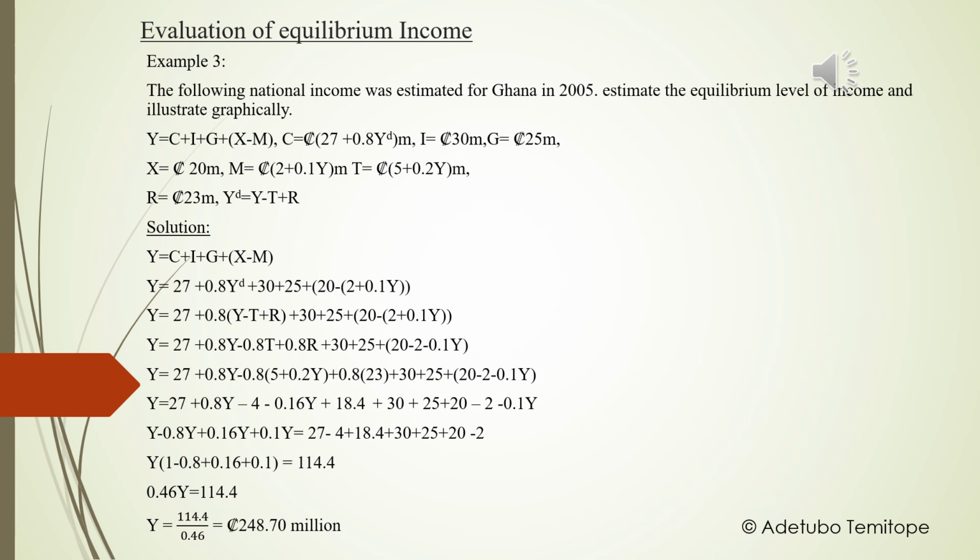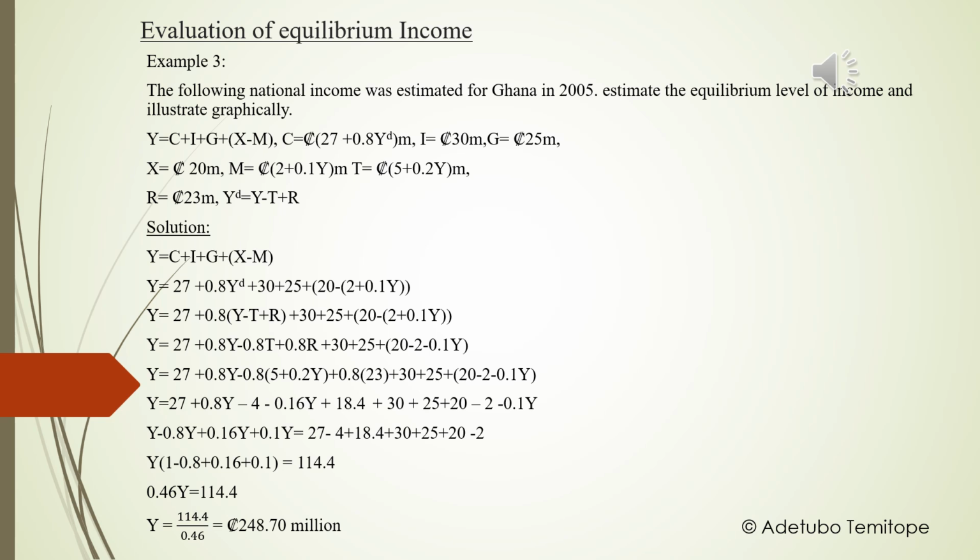So when we open the bracket, that means the disposable income, we have Y equals 27 plus 0.8Y minus 0.8T plus 0.8R plus 30 plus 25 plus open bracket 20 minus 2 minus 0.1Y. So when we input the tax, we are given our tax as 5 plus 0.2Y.